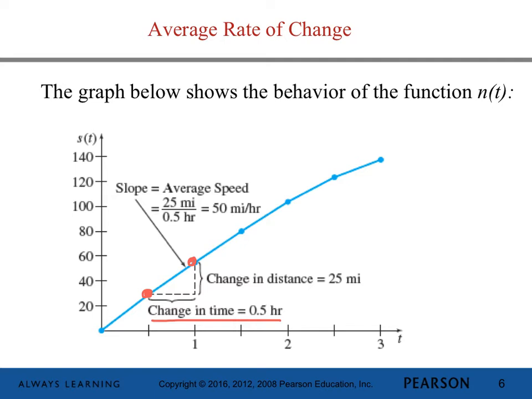And the change in the distance was 25 miles. And that gave us 25 miles in a half hour, which means that our average speed over that time interval was 50 miles per hour. And so on and so on.